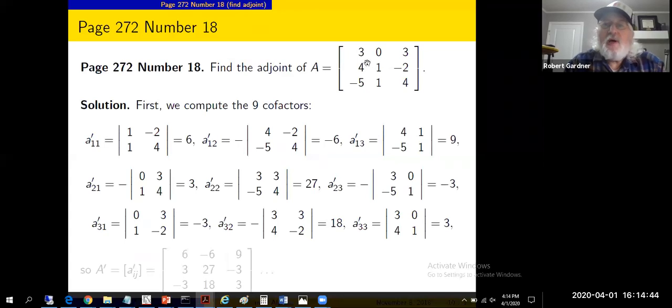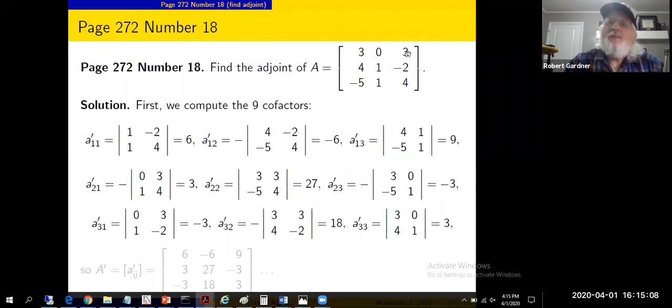So we'll compute A 1,2 prime. We'll eliminate the row and column containing the 1,2 entry, the 0. That'll leave us with the minor matrix 4, negative 2, negative 5, 4, as given here. Oh, we'll have negative 1 to the 1 plus 2 power. Negative 1 cubed is negative, so we'll have a negative out front, times the determinant of that minor matrix.